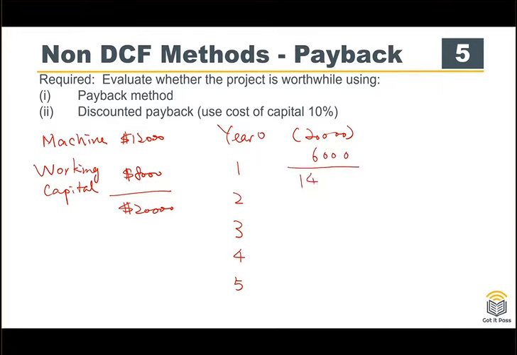The remaining 14,000 we have to recover in the following years. In the second year, we have 6,000 cash inflow, so the remaining is 8,000 to be recovered. For the third year, we have 6,000 cash inflow, so 2,000 left. In the fourth year, we have 4,000 coming back.